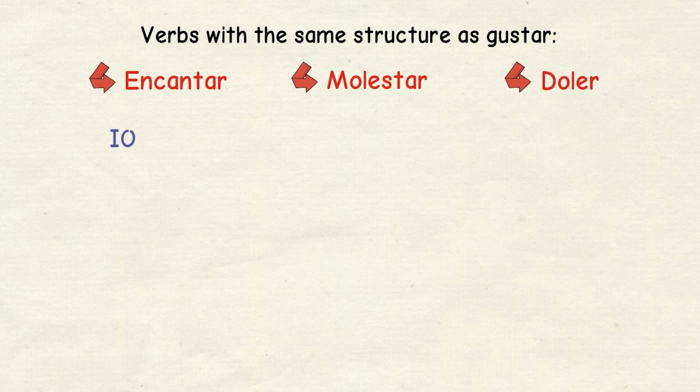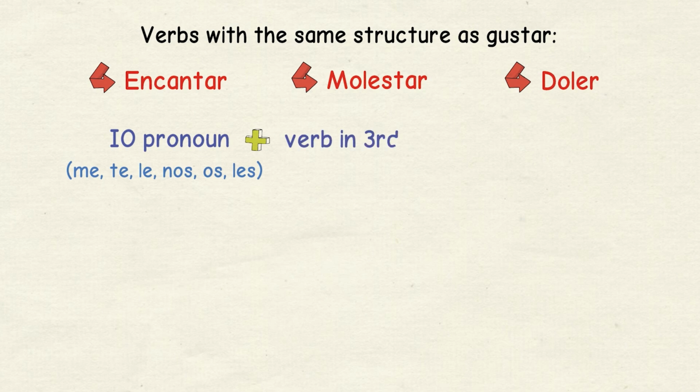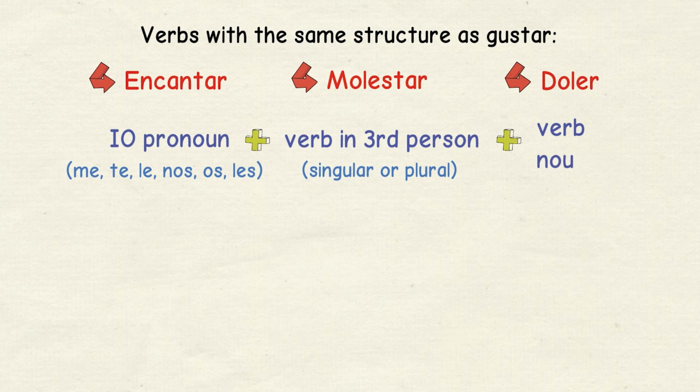Remember, you must put the indirect object pronoun first: me, te, le, nos, os, les. Then the verb in the third person, singular or plural. And finally, an infinitive verb or a noun with a definite article.